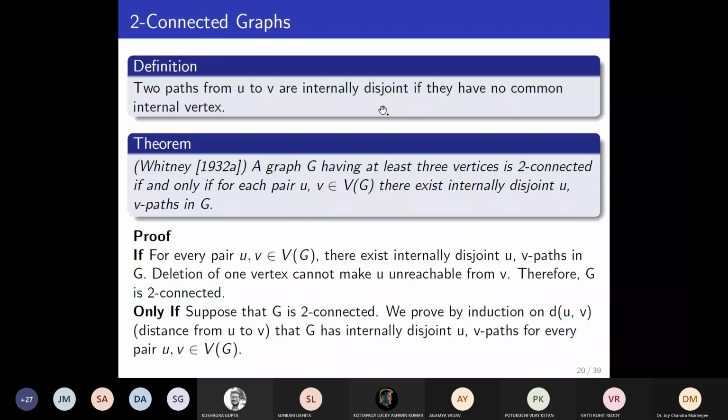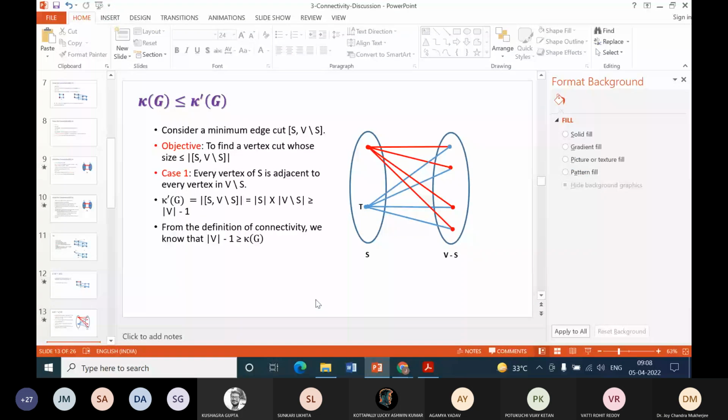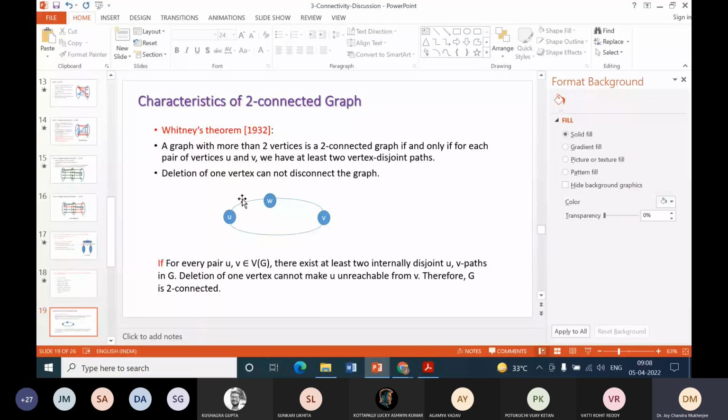For example, like this one, U to V is one path, U W V is another path, and this lower path is also another path. So they are vertex disjoint. No vertex in the paths is being shared.